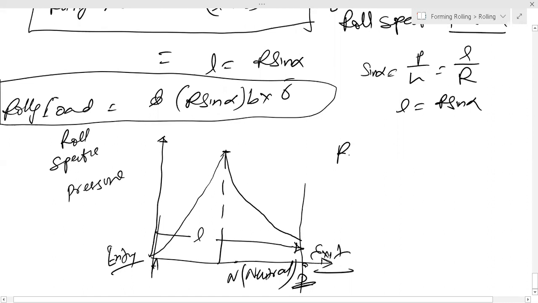And what about rolling torque? Torque is given in a standard book.